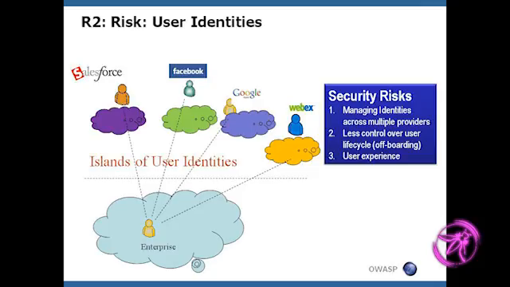The second risk is proliferation of user identities. In the previous example where I said Cisco uses 200 software service providers, let's say a Cisco employee uses even 10 of those applications hosted at 10 different service providers.